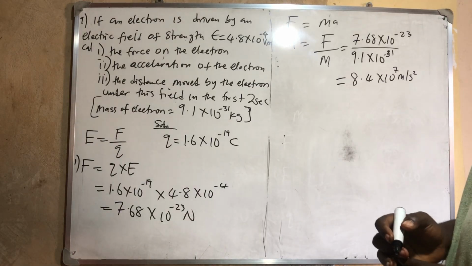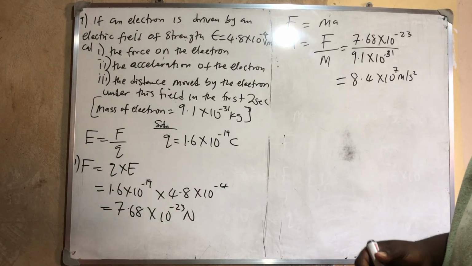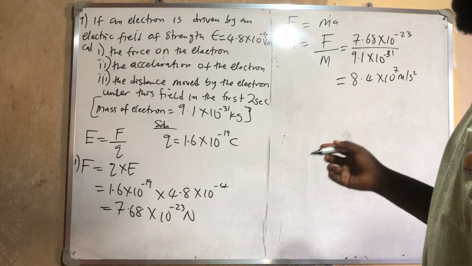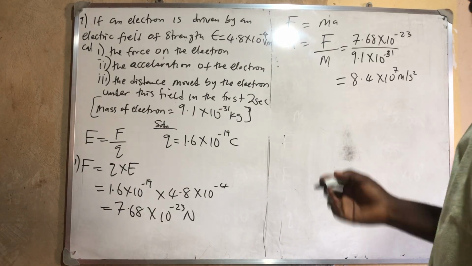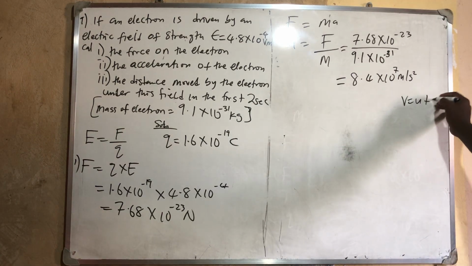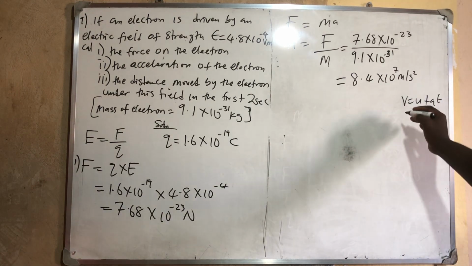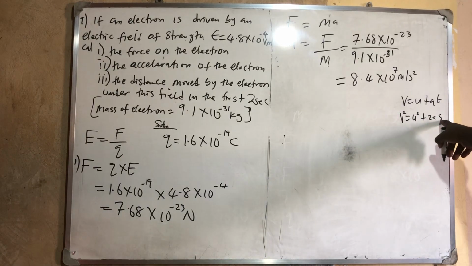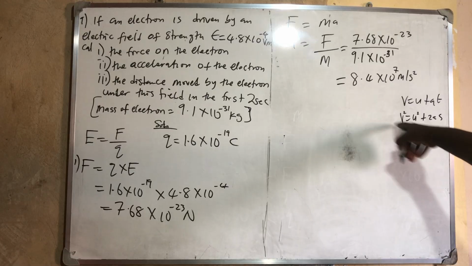Now the next thing they say we should calculate is the distance. If you want to calculate the distance after 2 seconds, you can check your equations of motion. Don't forget, v is equal to u plus at. There is no distance here. v squared is equal to u squared plus 2as. There is a distance s, but there is no final velocity here.